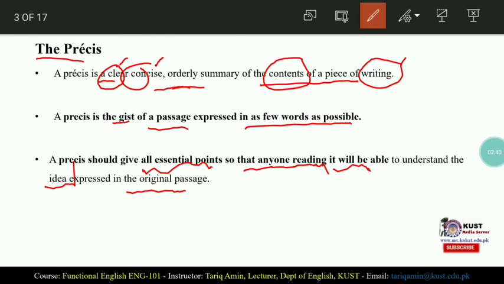When you write precise of any piece of writing, you should try your level best to include all the major points that have been discussed in the original piece of writing, so that anyone who reads your precise would be able to understand all the ideas discussed in the original passage. So your precise should be representative of the original text. It should contain all the important points.